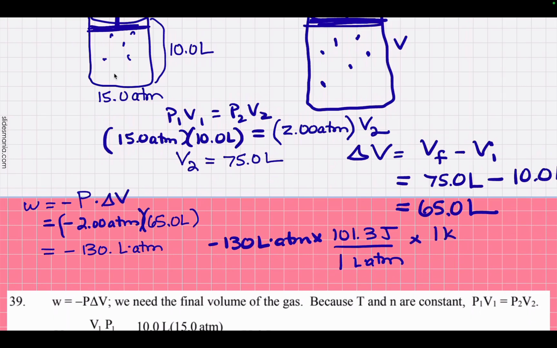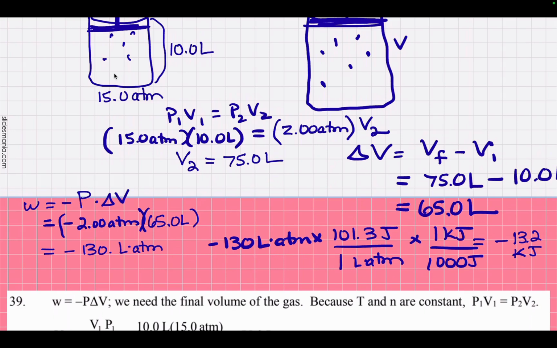And then I'm going to convert it into kilojoules. And you could do this last step just in your head if you wanted. But when I do this, I get a negative 13.2 kilojoules. So the gas is doing work on the surroundings. So we're getting a negative value.